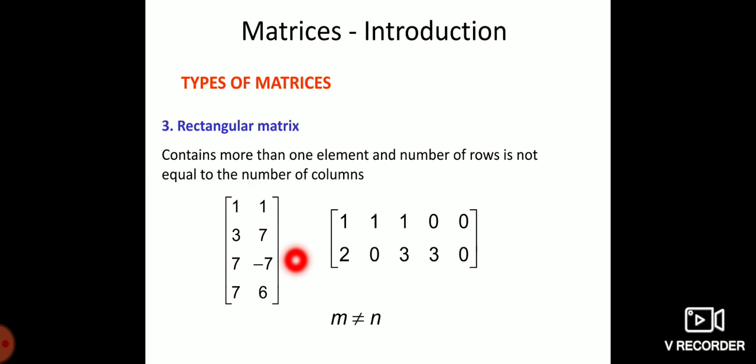That's why this matrix is order 4 by 2, and this matrix is order 2 by 5, 5 columns and 2 rows. That's why this matrix M does not equal N. The orders are not equal. That's why a matrix where the number of rows is not equal to the number of columns is known as the rectangular matrix.